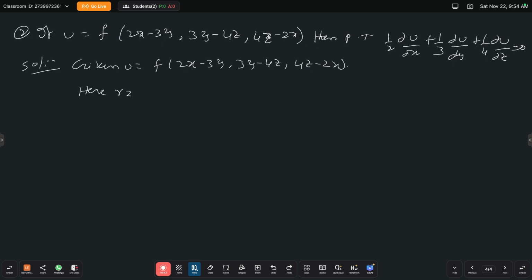Here r is equal to 2x minus 3y, s is equal to 3y minus 4z, and t is equal to 4z minus 2x. Now we can apply the chain rule.